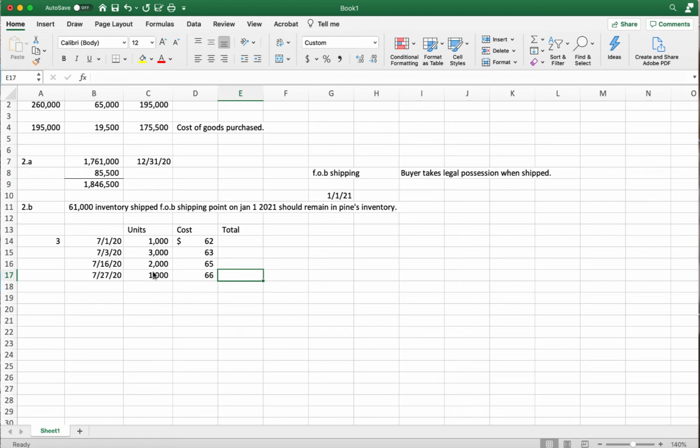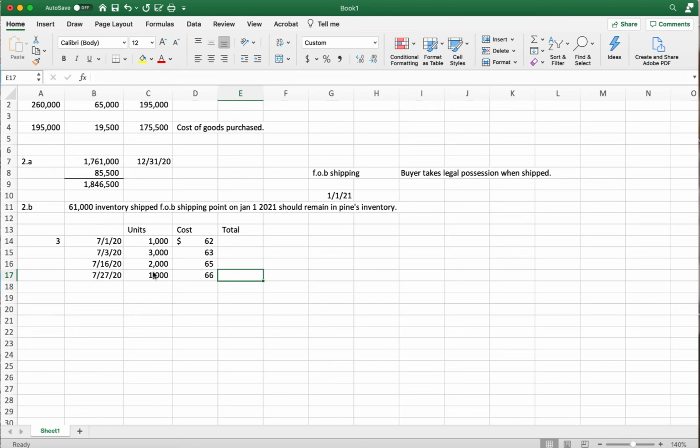A physical count on July 31st, 2020 shows 1,500 units of part Z65 on hand. Using the FIFO method, what is the cost of part Z65 inventory at July 31st, 2020?